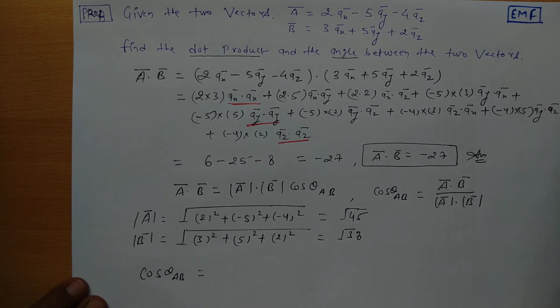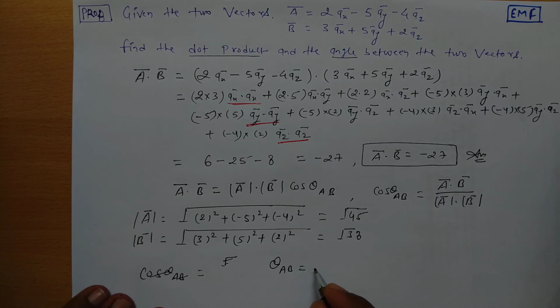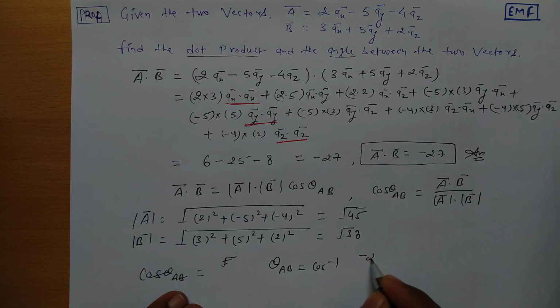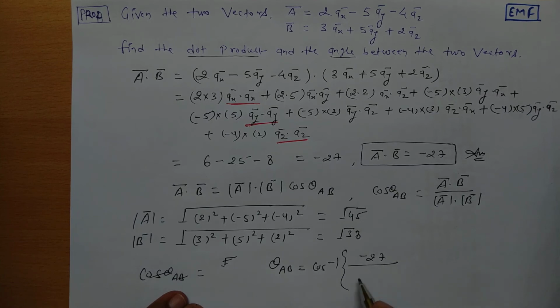Here we need to put the values of the dot product of vector A and vector B. So I'll directly find the angle theta AB, which will be given as cos inverse of A dot B, which is minus 27, put into the bracket, divided by mod A, which is under root of 45, and mod B, which is under root of 38.